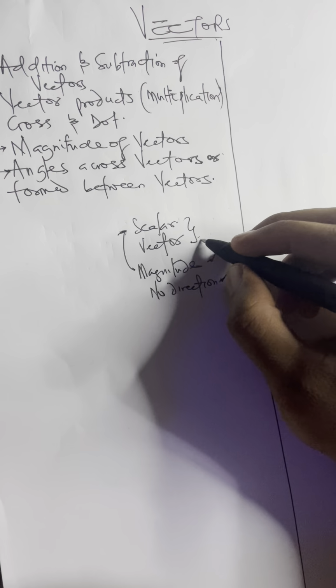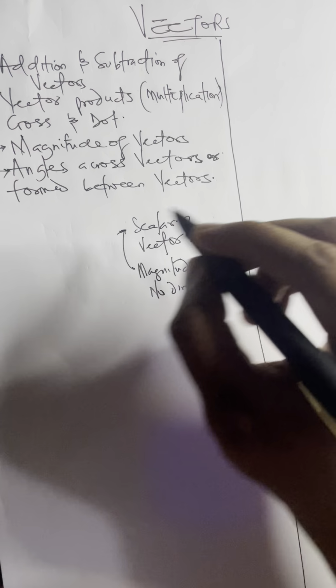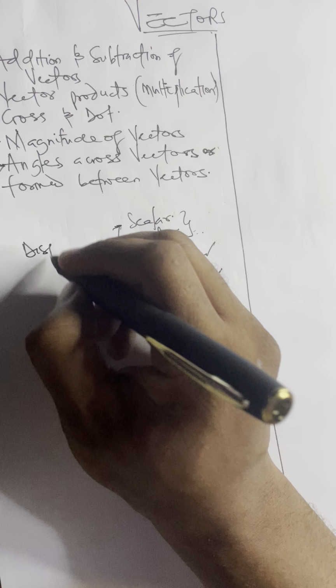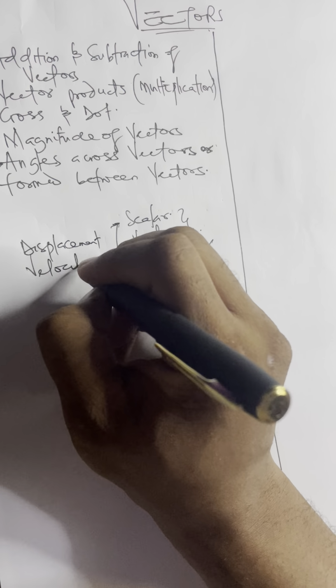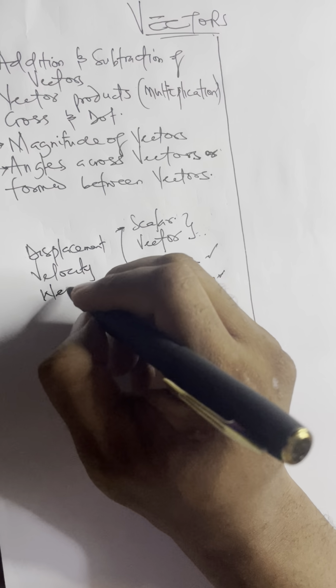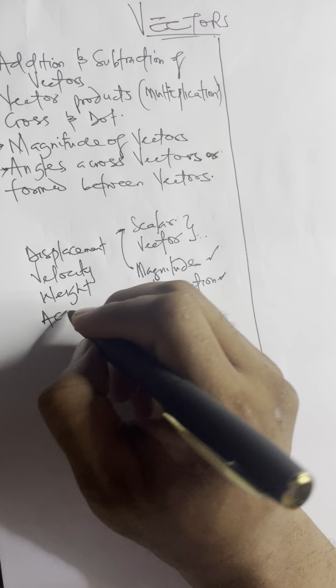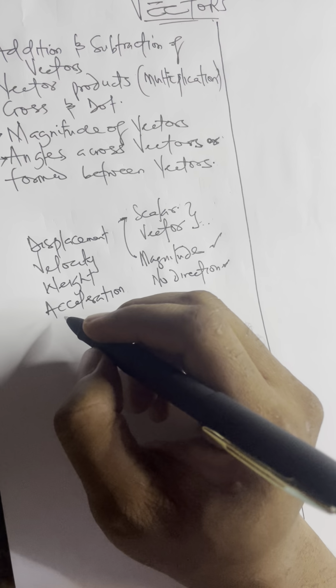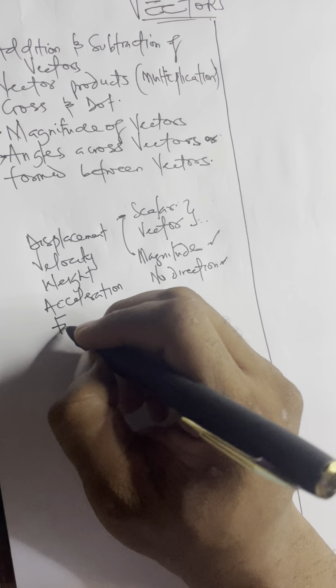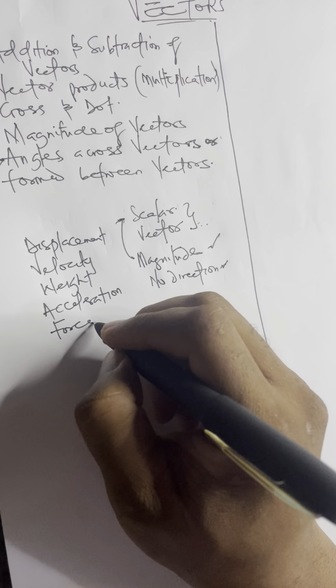Examples of vector quantities include displacement, velocity, weight, acceleration, and force. Force is a typical example as well.